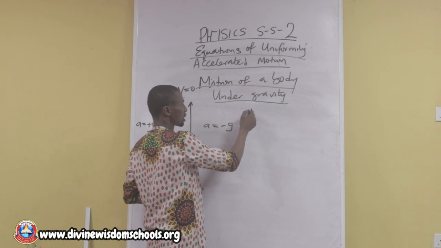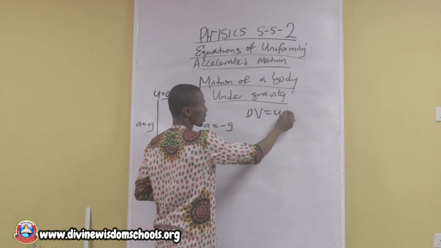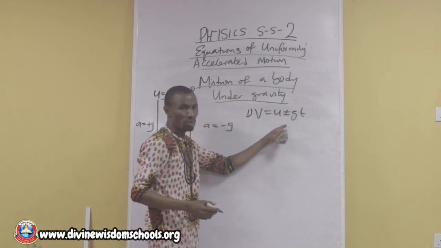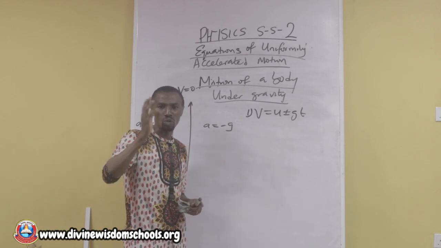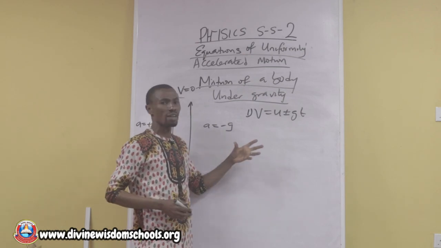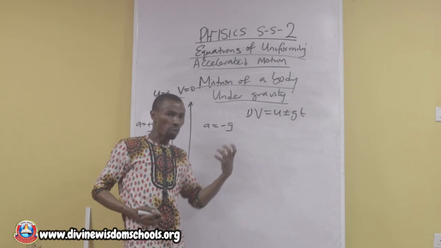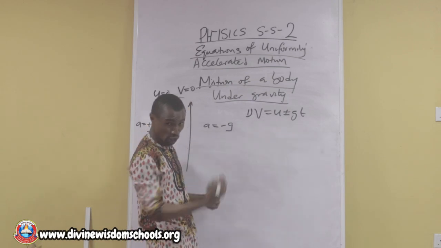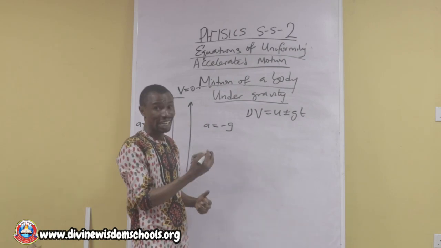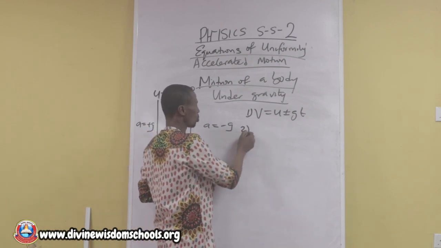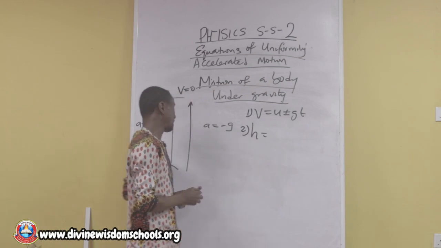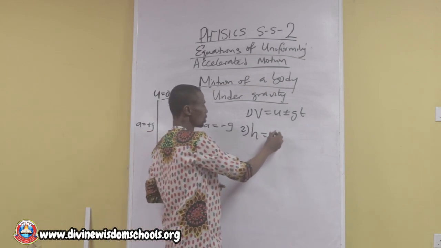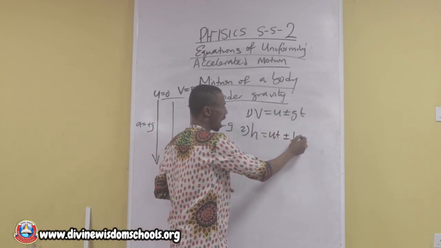Now quickly, what are the relations to determine the motion of a body under gravity? We have the first, v equals u plus or minus gt. Why is it plus or minus gt? It depends on the question at hand. If it involves the object moving upward, or thrown vertically upward, we're going to use v equals u minus gt. For the second equation, we use h because we're dealing with height. So we have h equals ut plus or minus half gt squared.